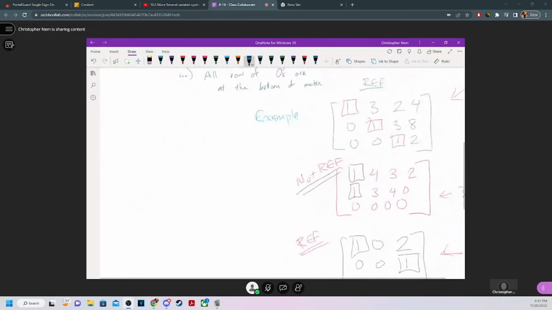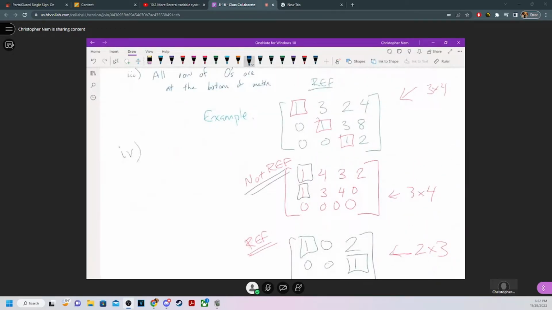Fourth one right here, I'll just state in particular, it's an add-on to your properties. This is going to be reduced row echelon form. This is a stronger version. Think of this as fully simplifying your fraction down as much as possible.